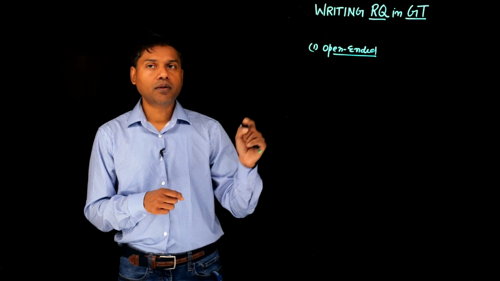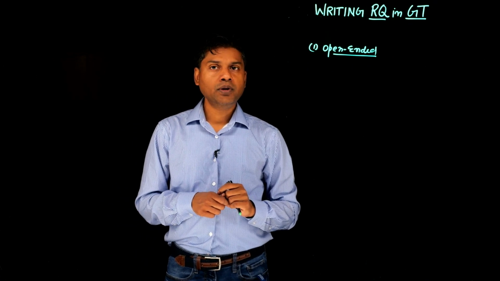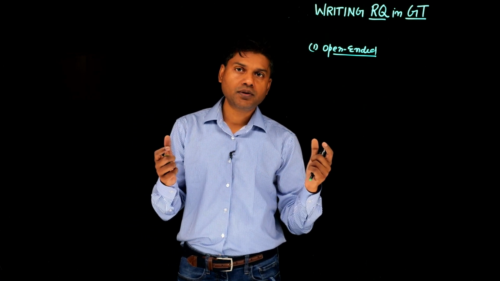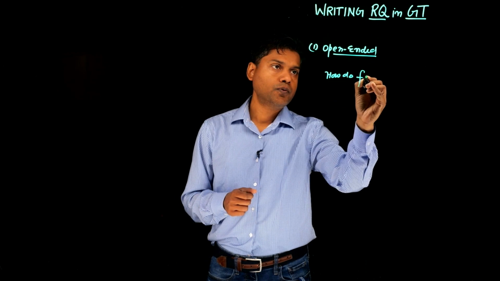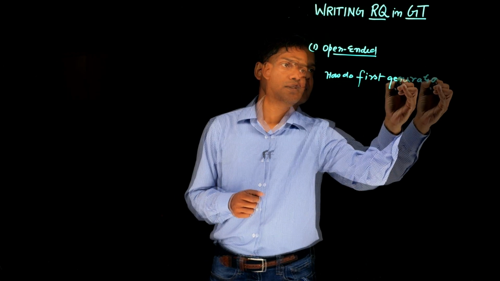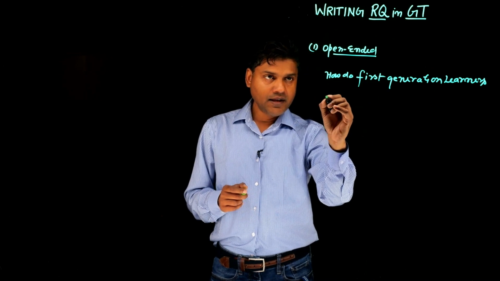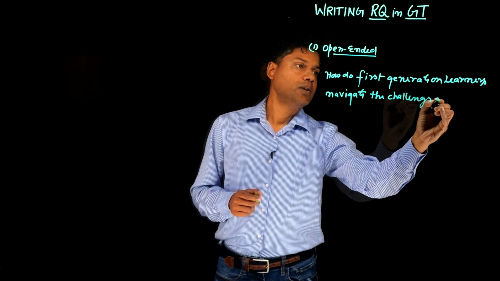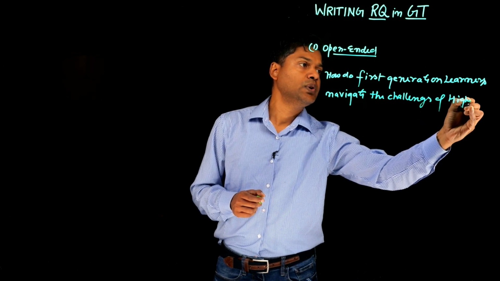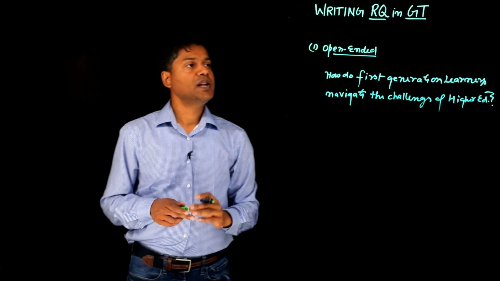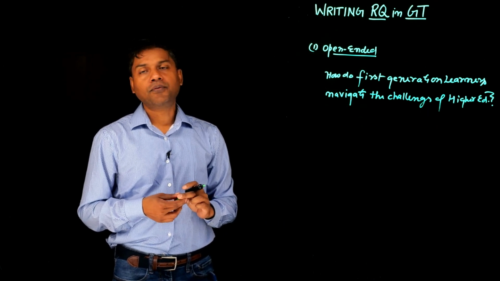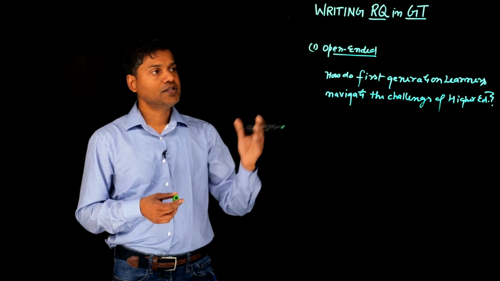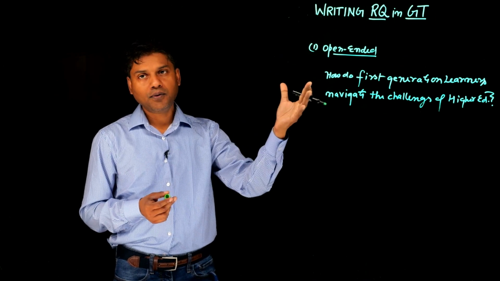But in grounded theory, the question should always be an open-ended question. So let's take an example. How do first generation learners navigate the challenges of higher education? Look at this question. Now this question is an open-ended question.